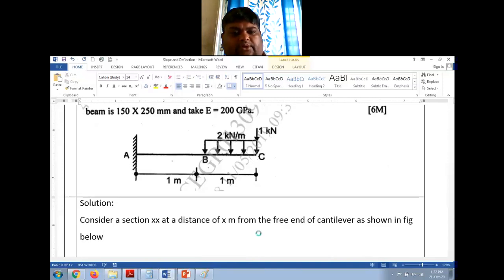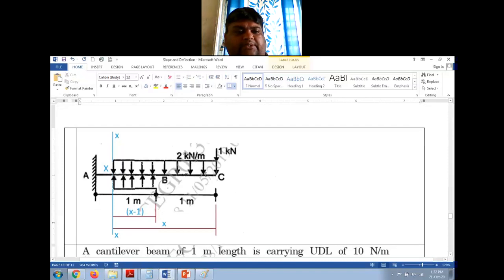Okay, so this is the figure. So I'm considering the section XX at a distance of x from the free end of the cantilever.